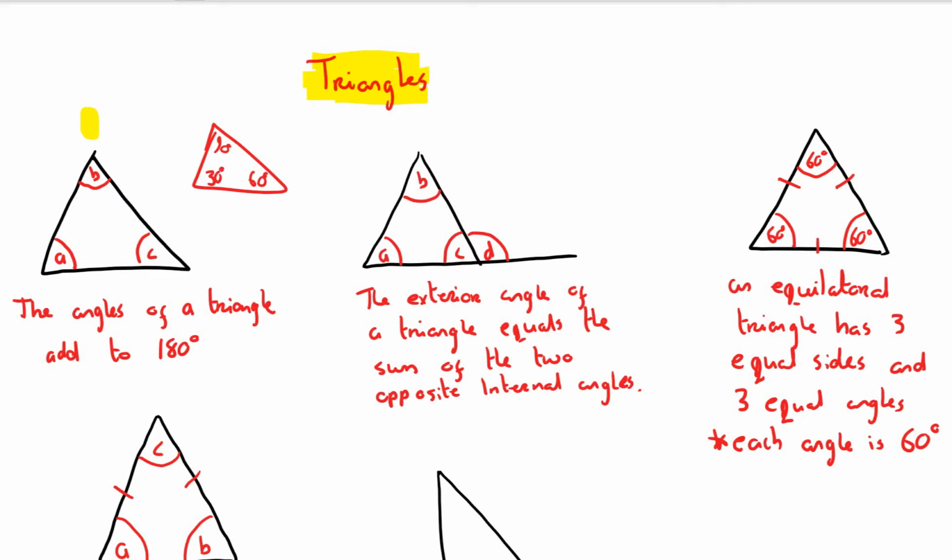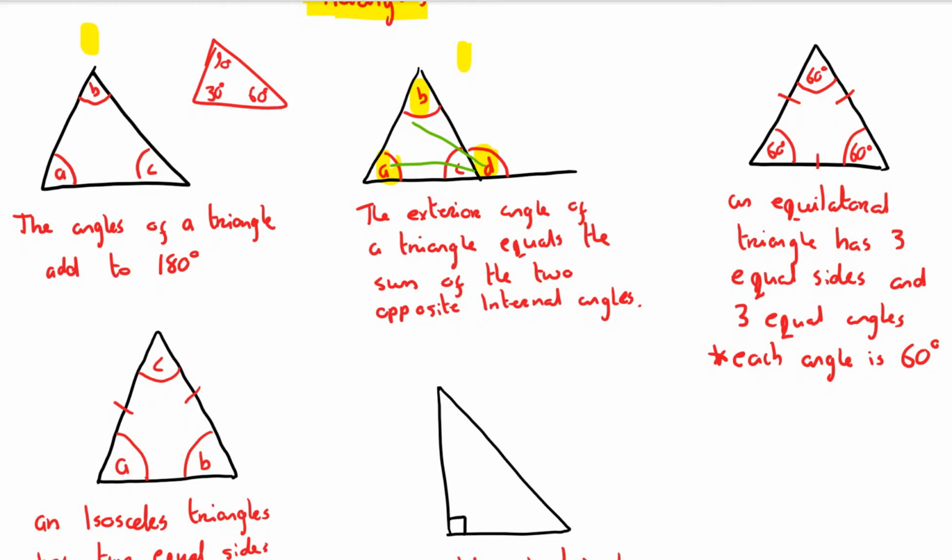Over here then, the exterior angle of a triangle equals the sum of the two opposite internal angles. So opposite from D is here and here. So in this case, B and A equals D.